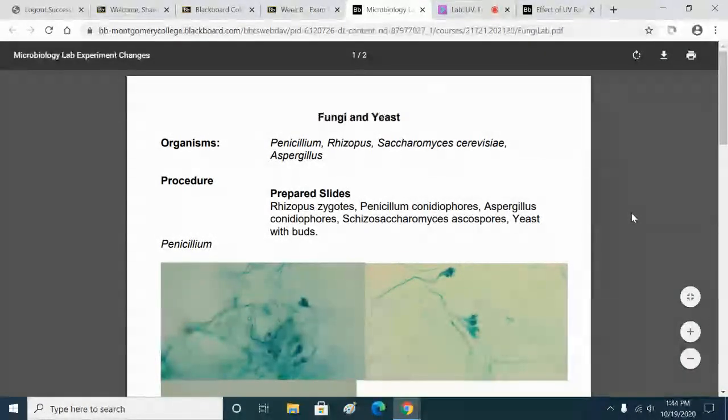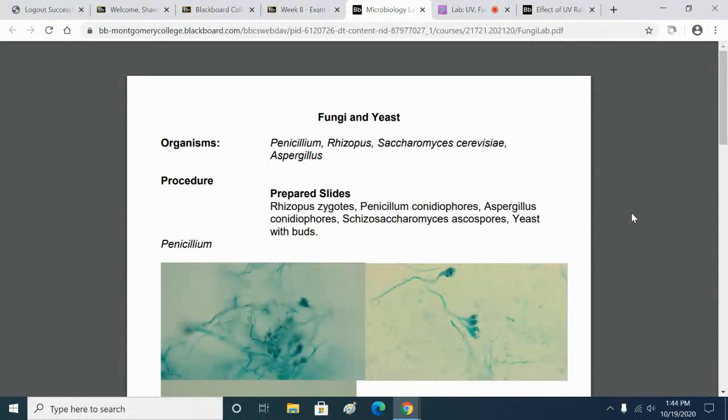So we all see fungi and yeast. Yeah, we can see it.